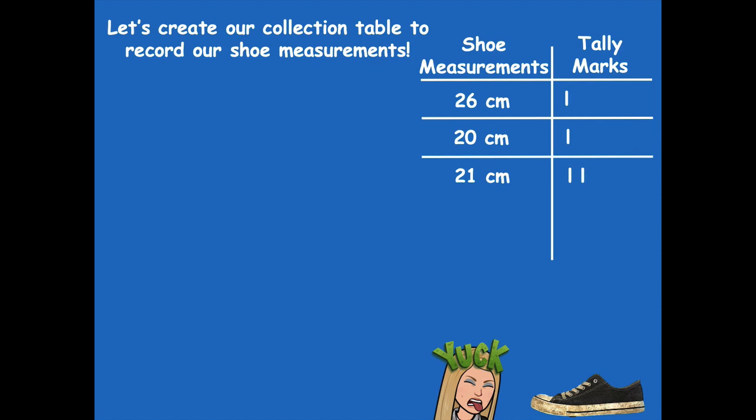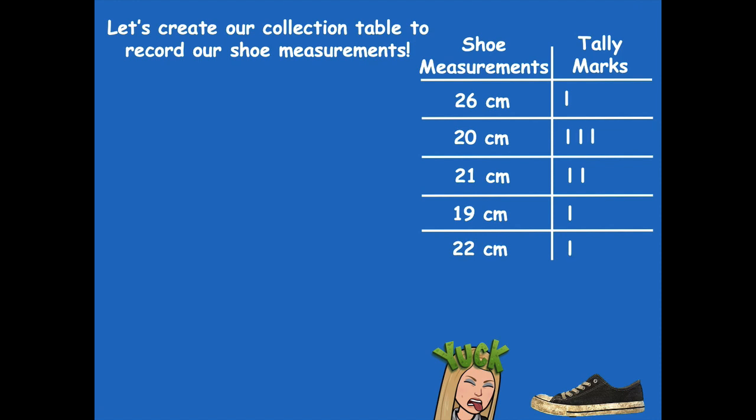Oh, another person had another 21 centimeter shoe. Ooh, somebody had a 20 centimeter, so I gave another tally. New measurement of 19 centimeters. Another new measurement of 22 centimeters. Oh, sorry, of 20 centimeters. And then there's a 22. Ooh, another 21. And then 22.